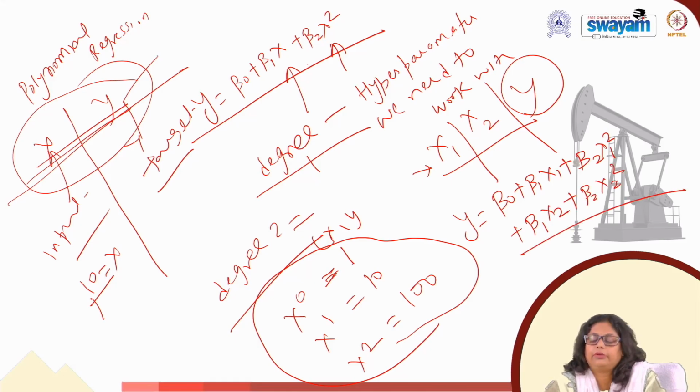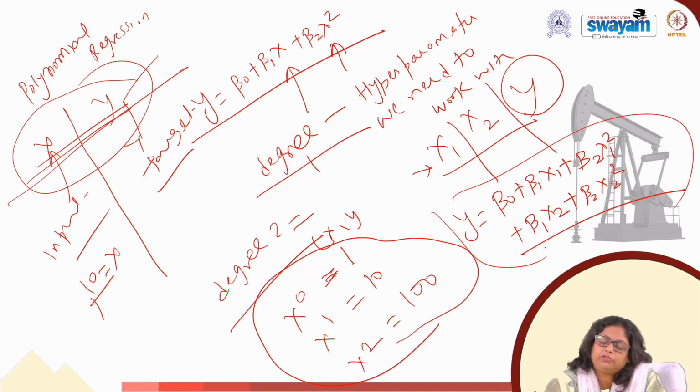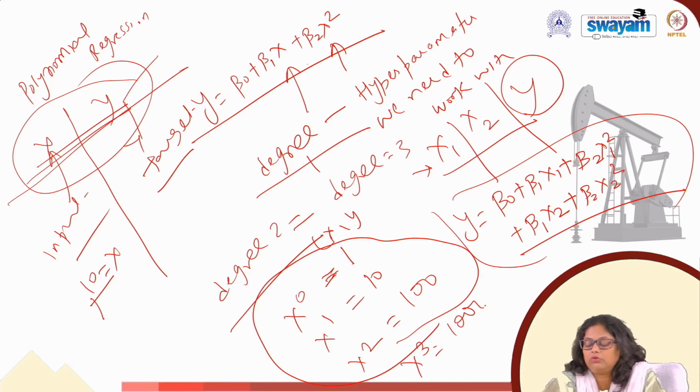This is the modified equation. Similarly, if you have three features, we work with degree 2. If you have degree 3 in place of 2, then x3 will be 10 to the power 3, so 1000. It works like that.